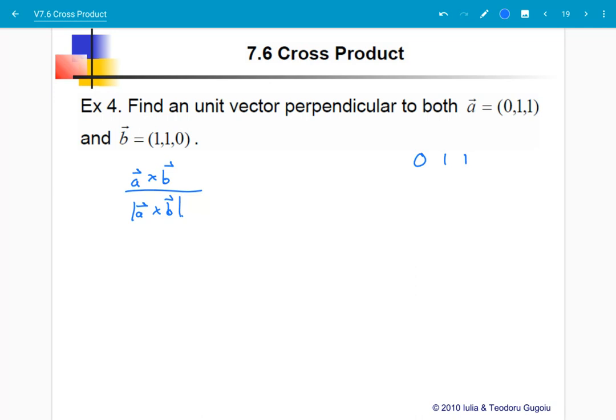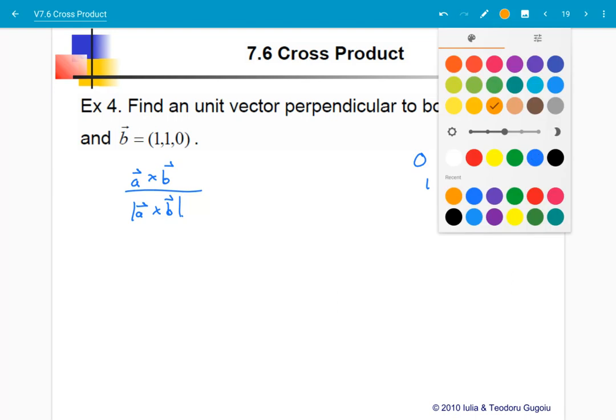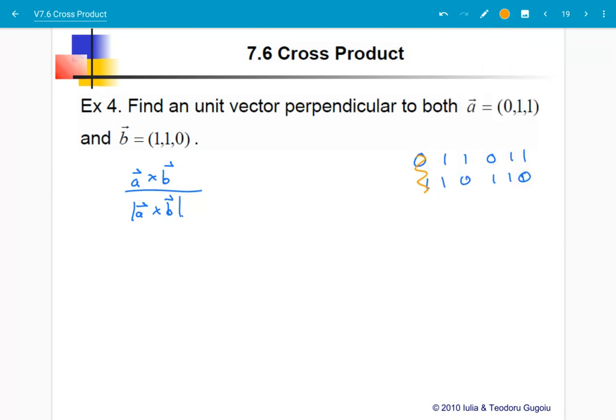So I'll list the components of A, list the components of B. Ignore the first column. Crisscross is -1. Crisscross is 1, and crisscross is -1. So there we go.